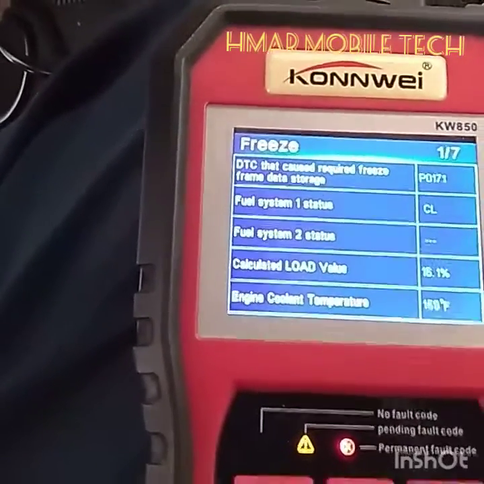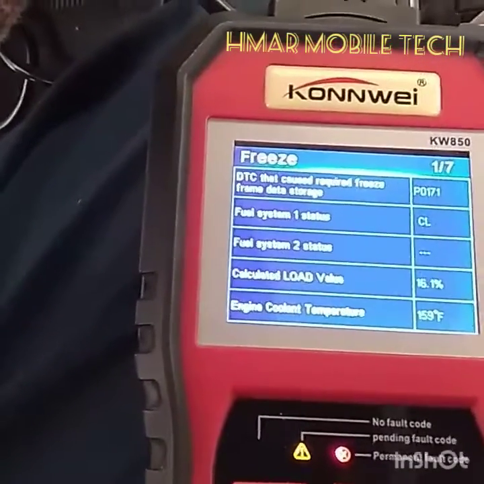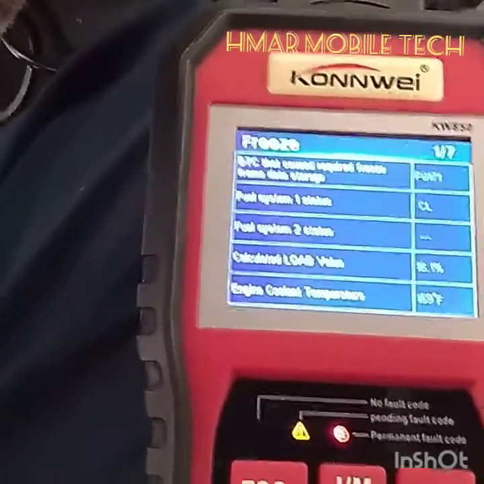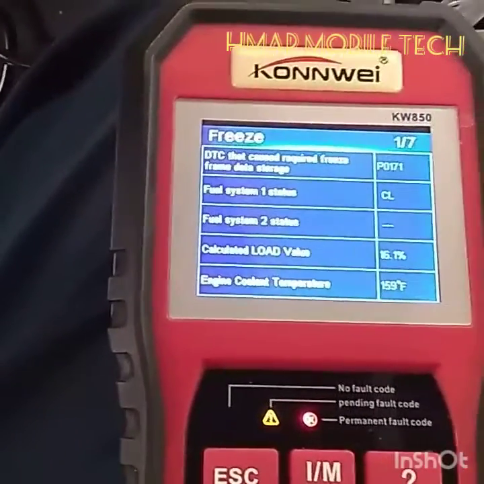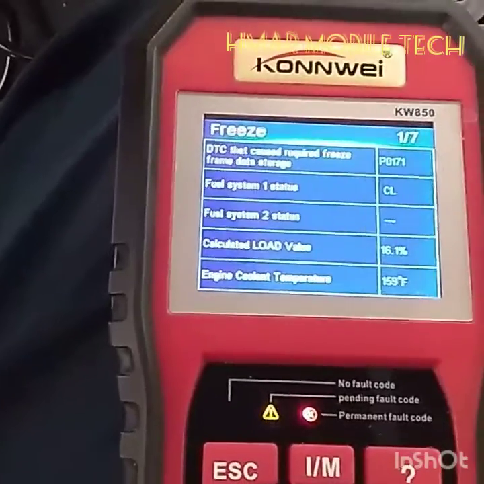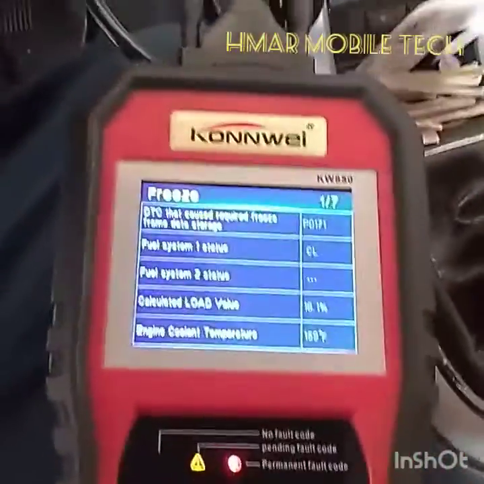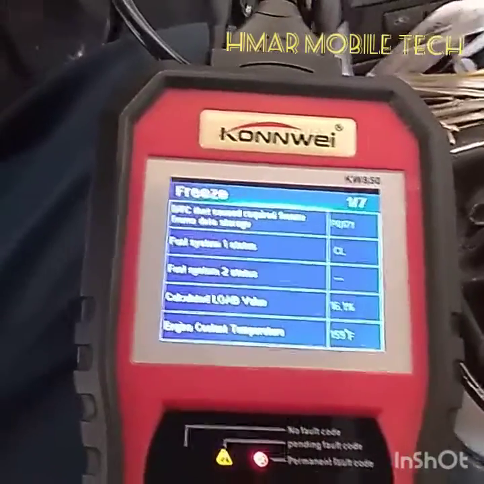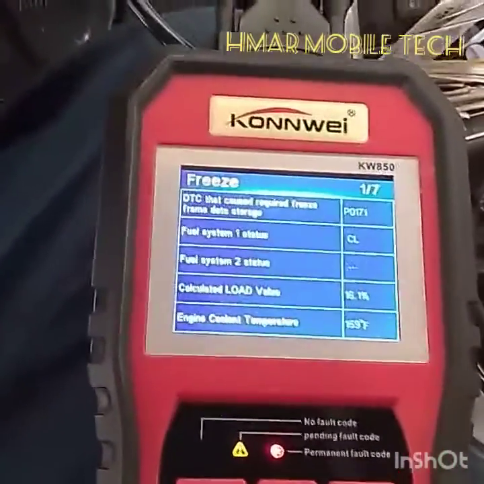This is a snapshot at the time the fault occurred. The computer took a snapshot of all the live data at the time it found a fault with something. So this is past, whenever the problem started, and this is not real time. This is just what the computer saved.